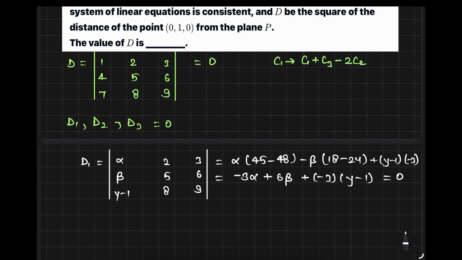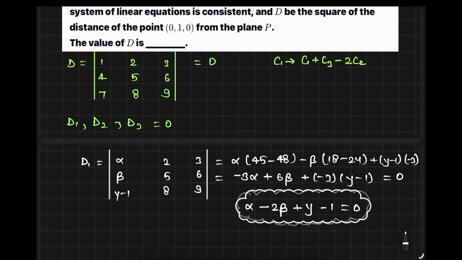Now I will divide both sides by minus 3. So you will have alpha minus 2 beta plus gamma minus 1 equal to 0. So this is your situation.